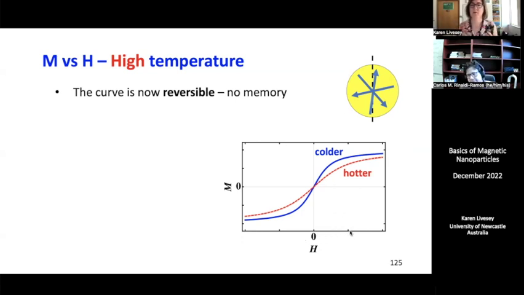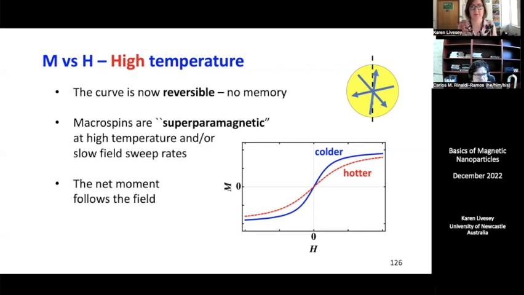But if we put on a field, say in the upwards direction, we bias all those fluctuations, and on average, the moments are pointing upwards. As I said, this is the superparamagnetic range. The net moment follows the field. I've also added on this plot an example of measuring particles at a slightly colder temperature and a slightly hotter temperature, but still inside that superparamagnetic regime.